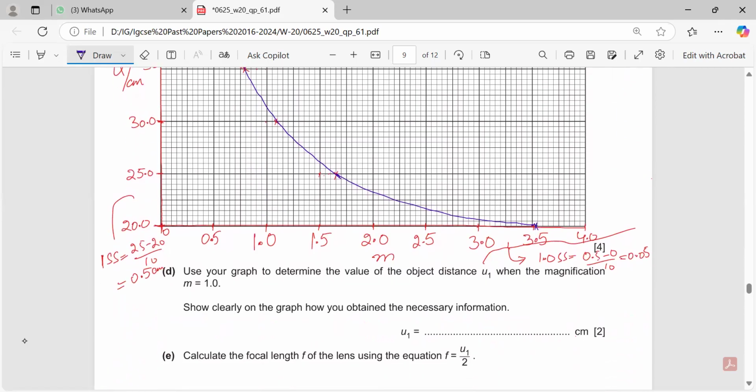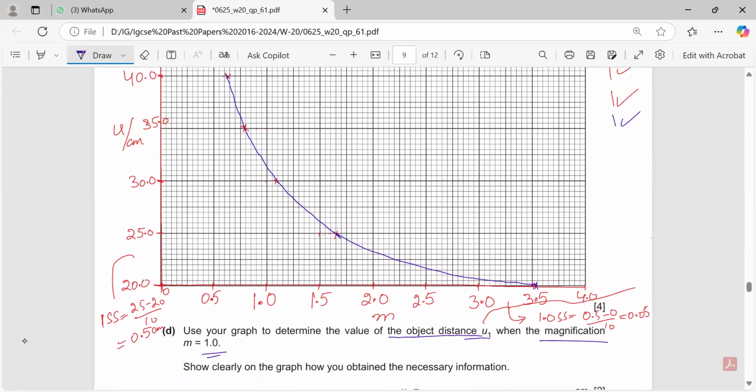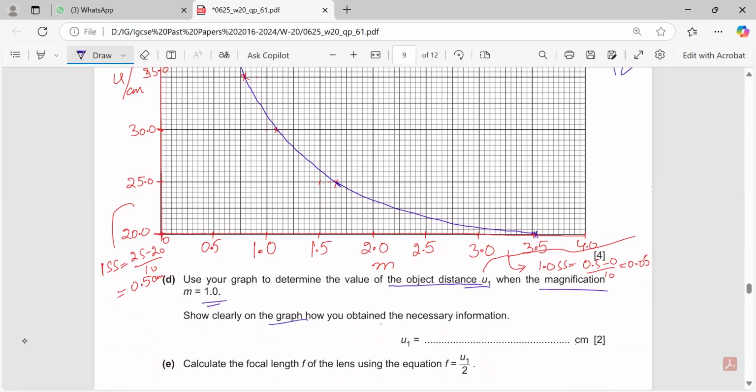Use your graph to determine the value of the object distance U1 when the magnification is 1. So magnification is 1, and show clearly on the graph how you obtain the necessary information. Just use your ruler, go this way till it touches the graph over here, then come this side: this is 31, and this value is basically 31.5.